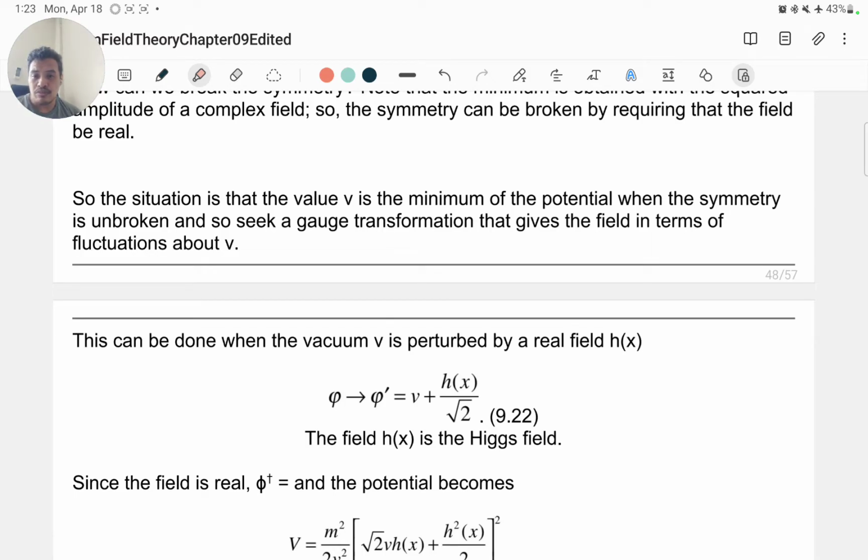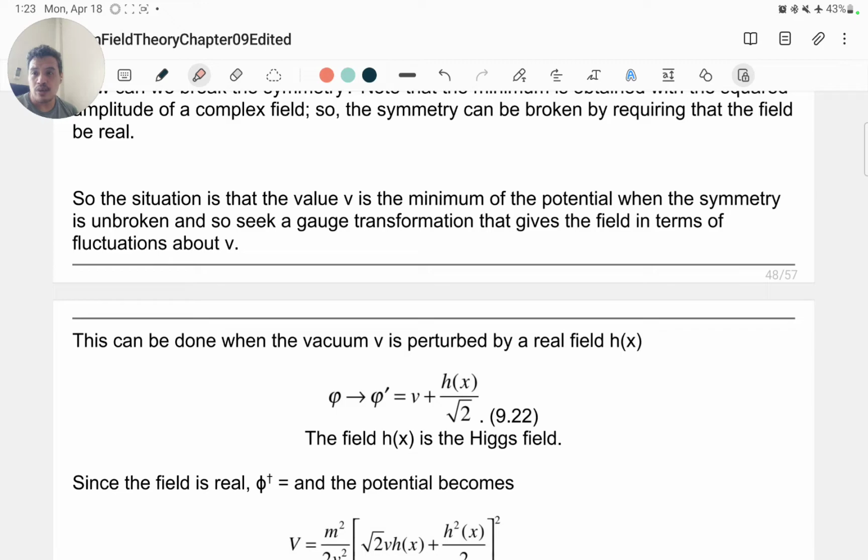We can do that by doing this. We retain the vacuum nu, and we just add a Higgs field on the nu.